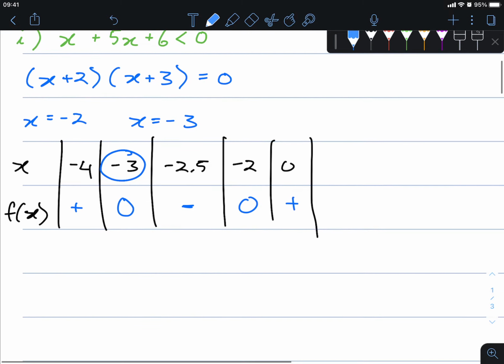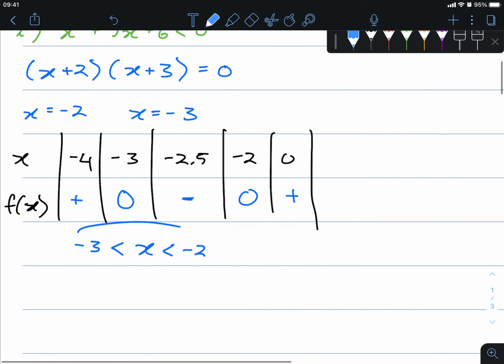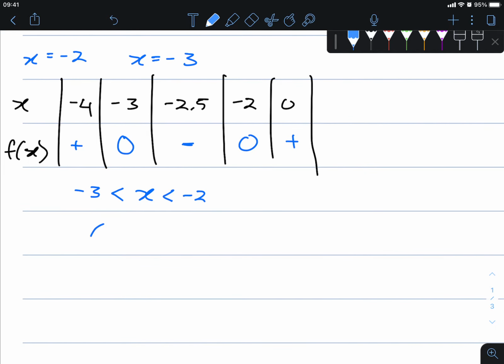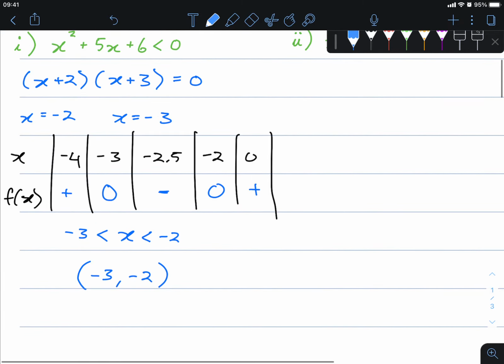So the solution to this is x is less than negative 2, but greater than negative 3. That there is our solution, and I hope you still remember bracket notation. So open bracket, negative 3, negative 2, and there we have it.